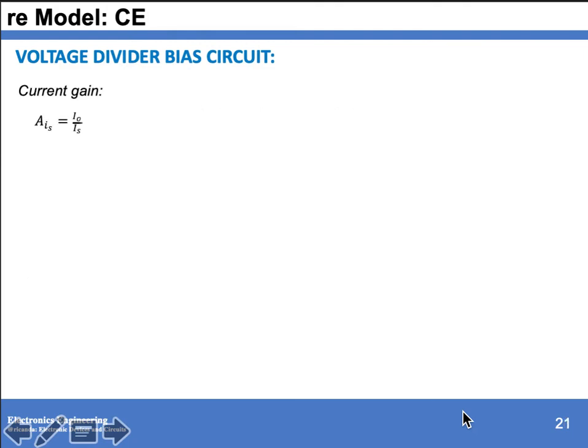And for the current gain, it is IO over IS. So we have to use your ABS equation to solve for your EIS. So we have your BO, since we are looking for the equation of your IO can be found at your VO, which is negative RL times IO. So we have negative VO over RL for your IO.